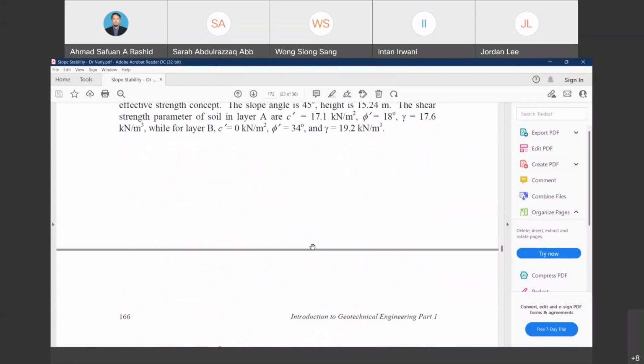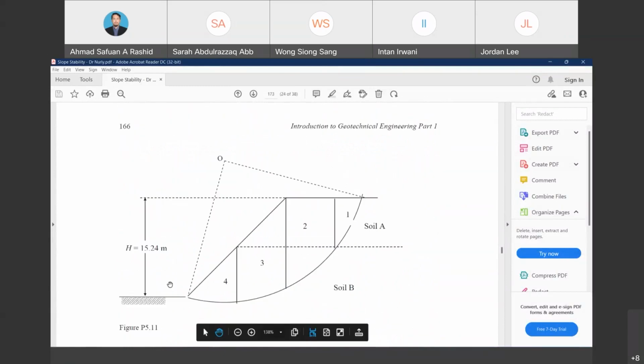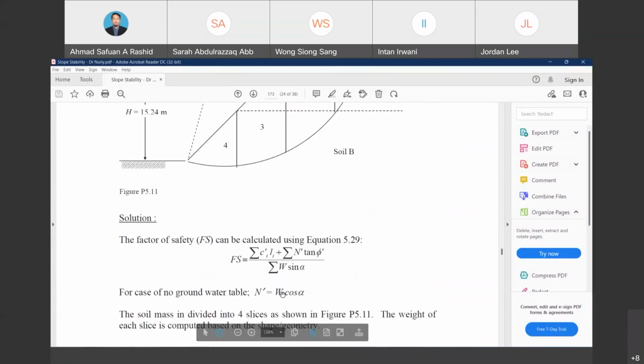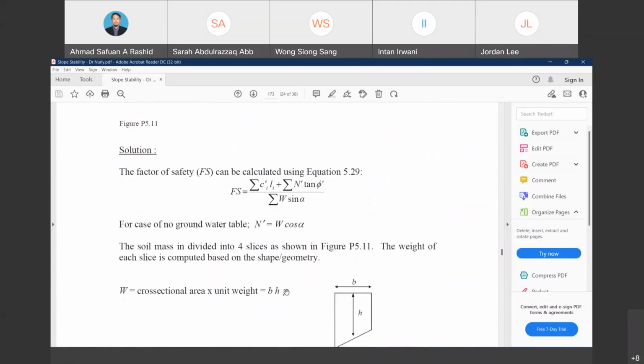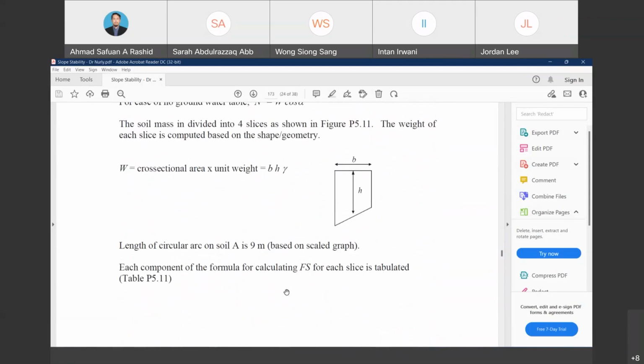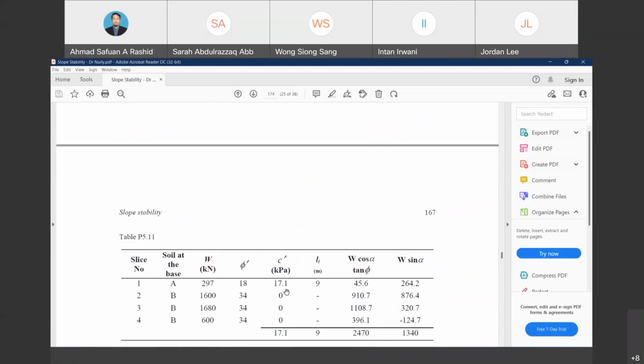So for example, the slice method is the slope with 4 slices. This is the equation that Dr. Noli used. However, she doesn't show the alpha, how to get the alpha. That's why Dr. Kamarudin's example is very easy to understand.